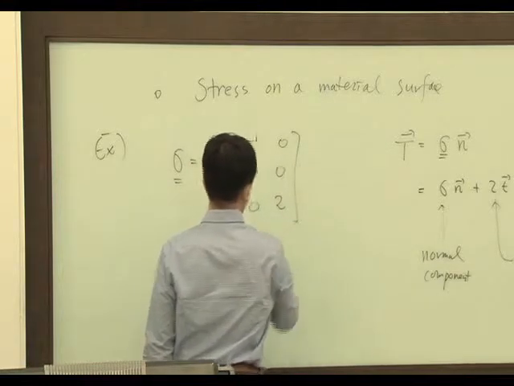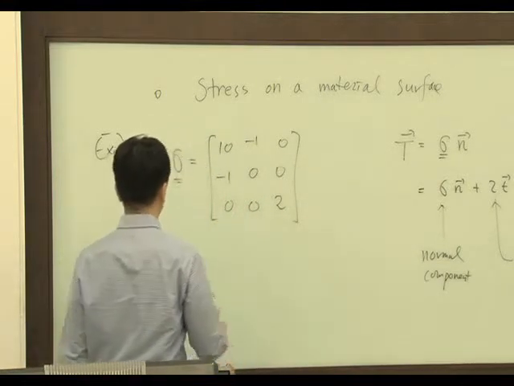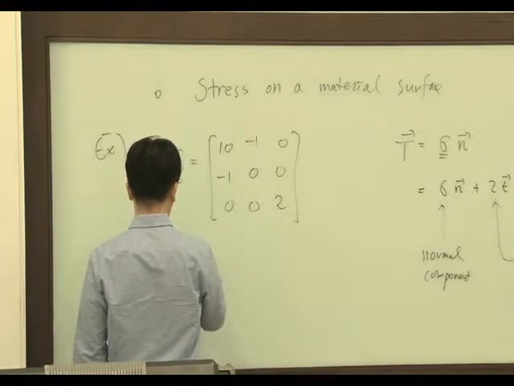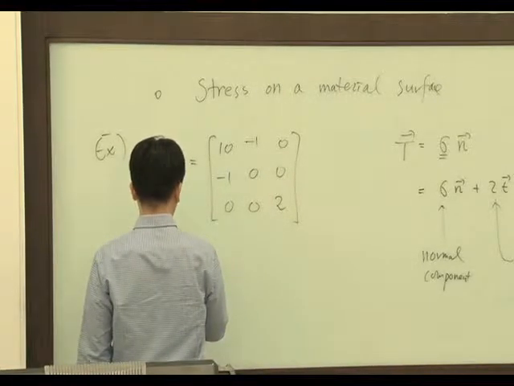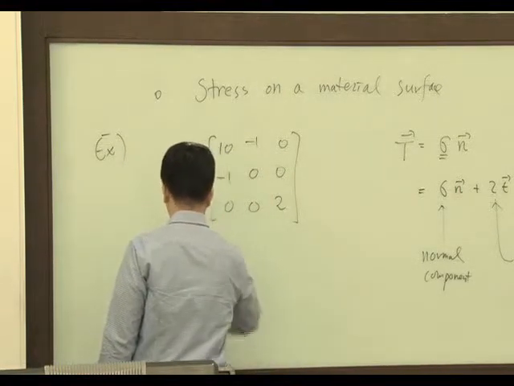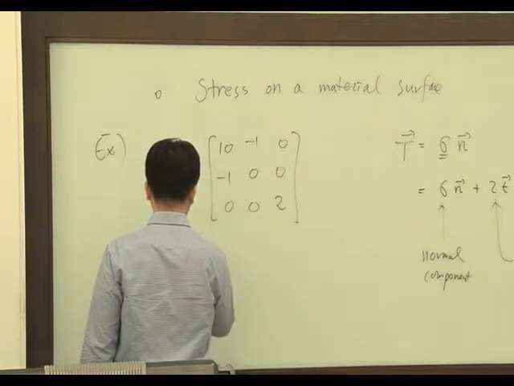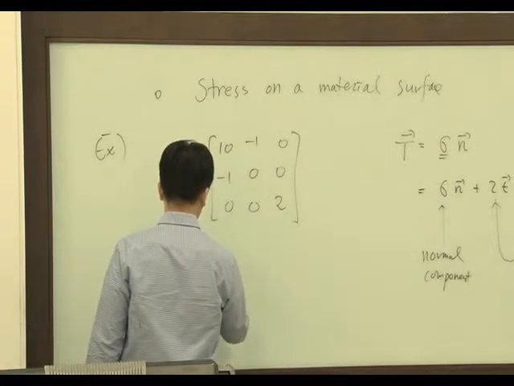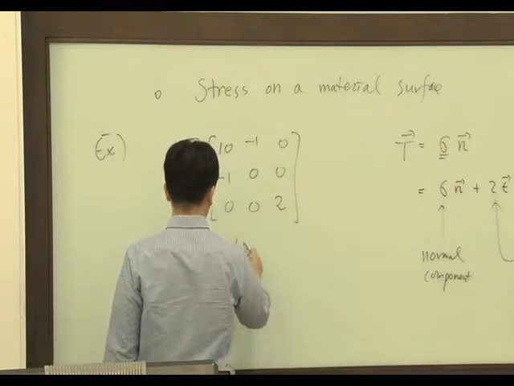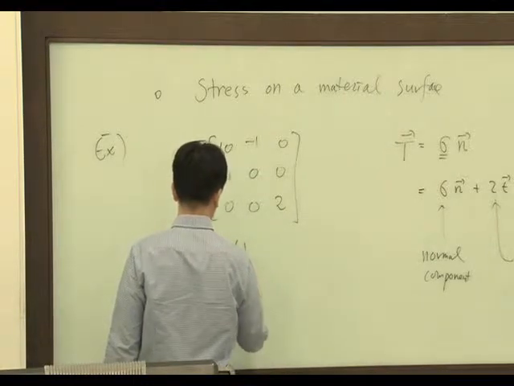Let's say we have this stress. And we have a direction n, 1 over square root 2, 1, 1, 0.